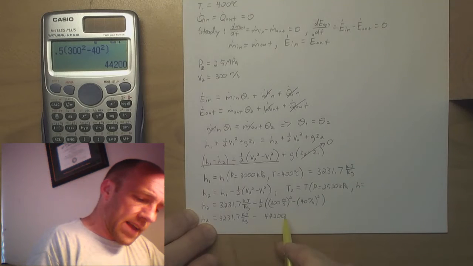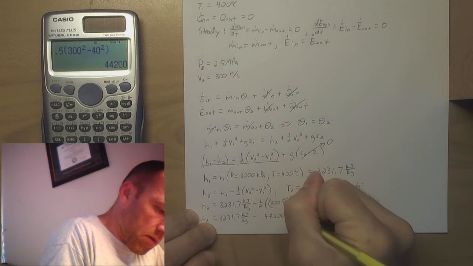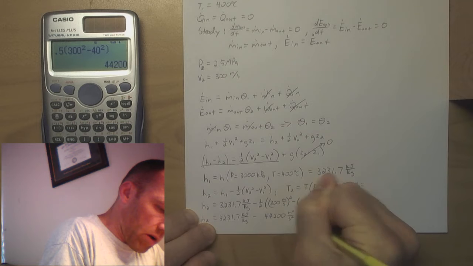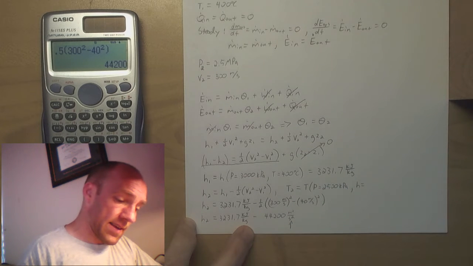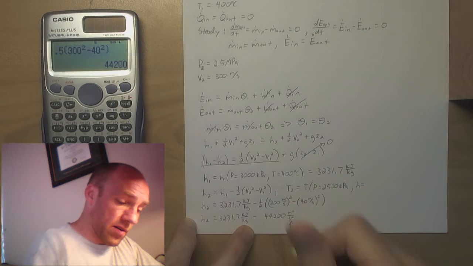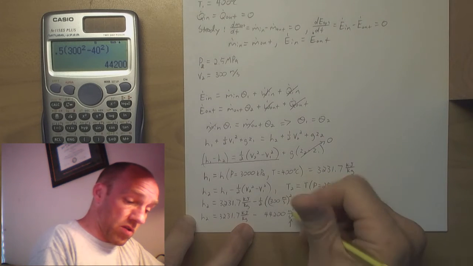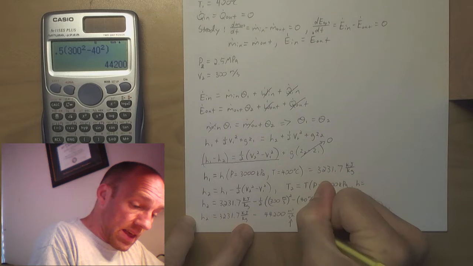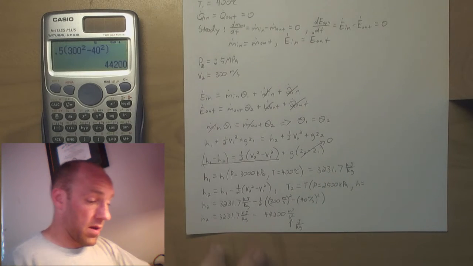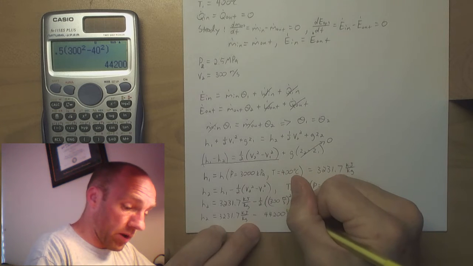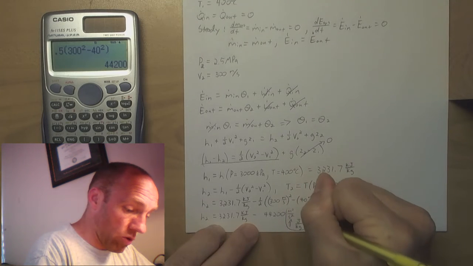Now we have to be really careful because the units here are meters squared per second squared. Okay, and that is, if you remember from back on our units discussion, joules per kilogram, not kilojoules per kilogram.